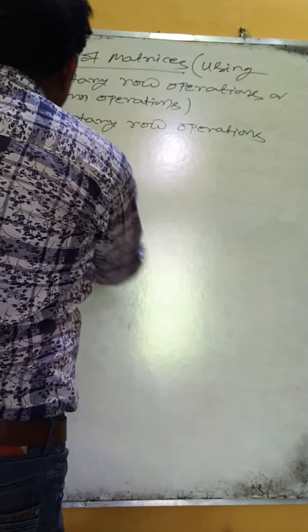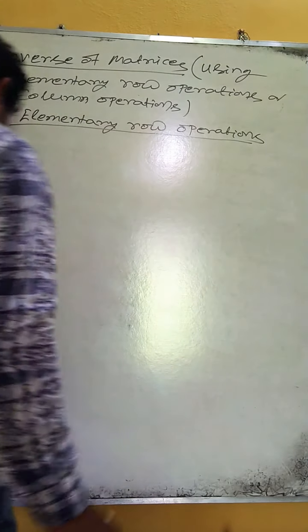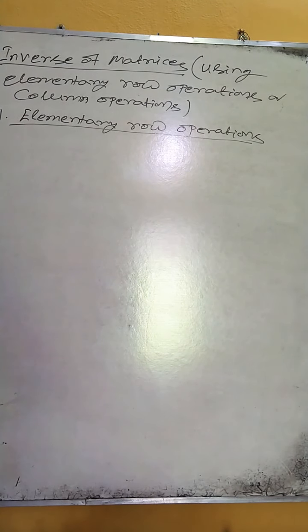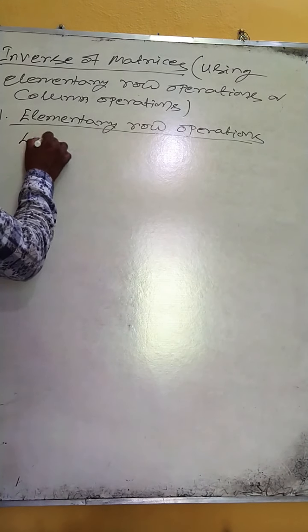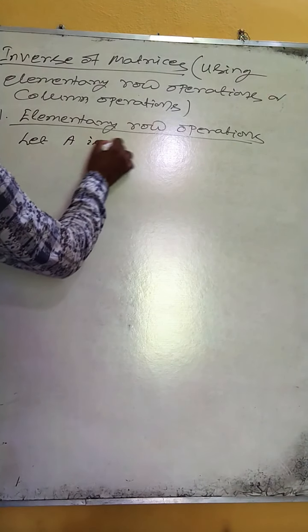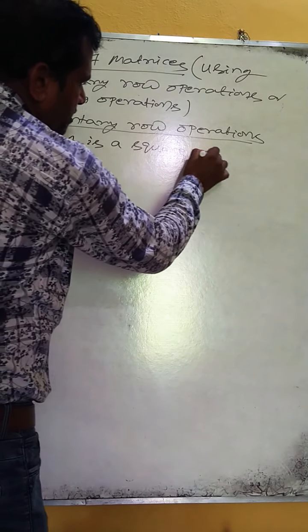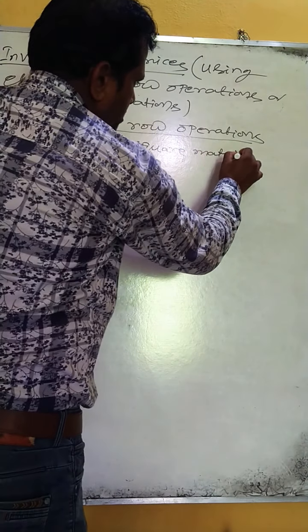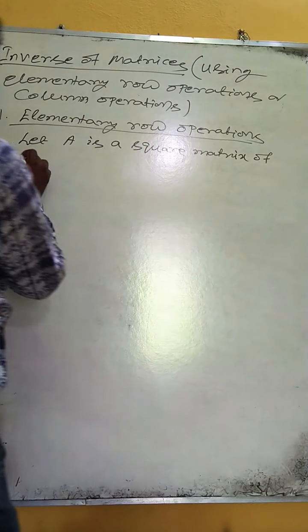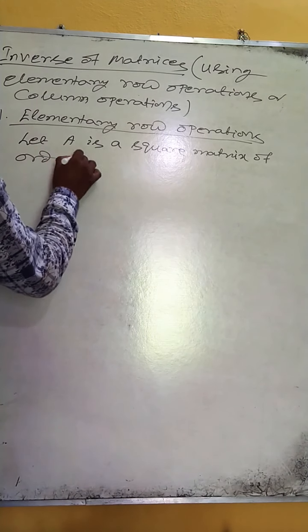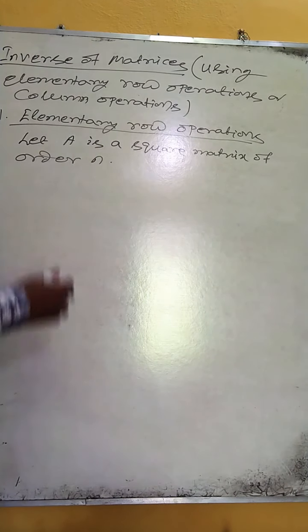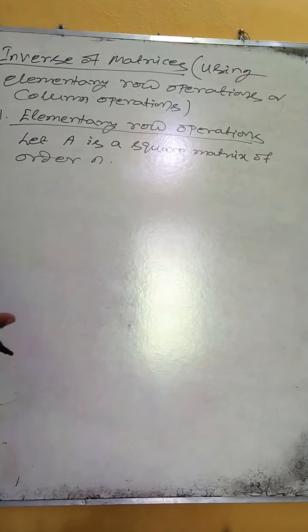Let capital A be a square matrix of order n. N means maybe 2, 3 or 4, etc.